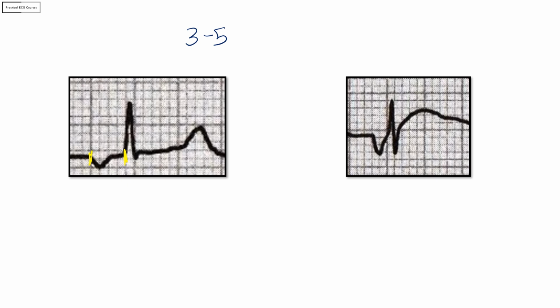So that makes this a low atrial rhythm as it has normal PR interval. Now if you look at the PR interval here, you can see that there are only 2 millimeters or 2 small squares of a PR interval. This is a short PR interval and that tells you that this is a junctional rhythm.